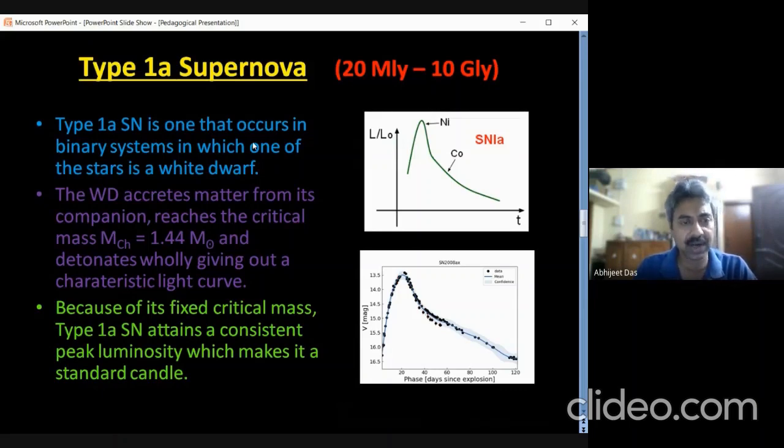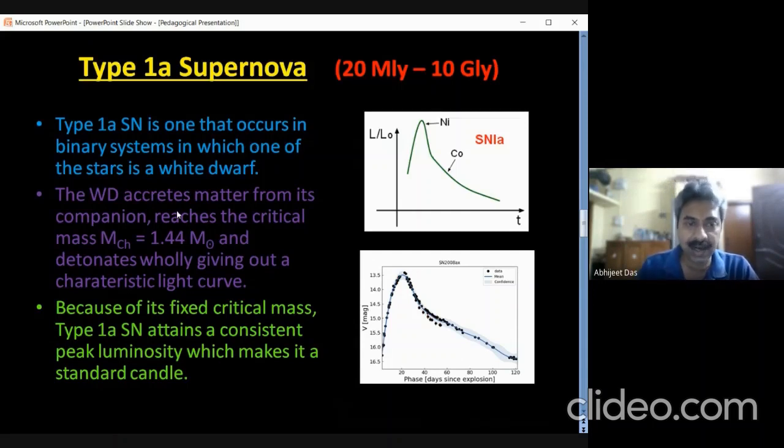Here the white dwarf accretes matter from its companion star, and as its mass increases and reaches the critical mass, equal to 1.44 solar masses, the Chandrasekhar limit, the entire star detonates, it explodes wholly, in a spectacular explosion.